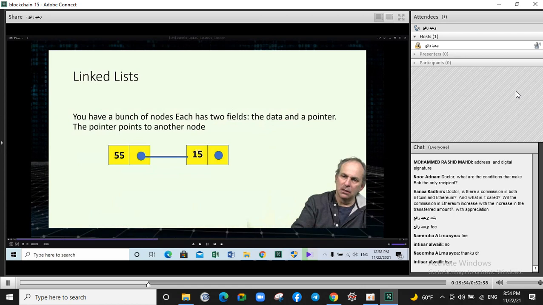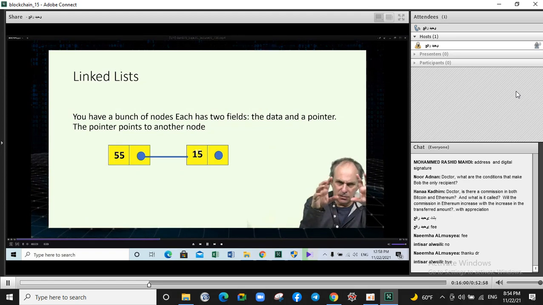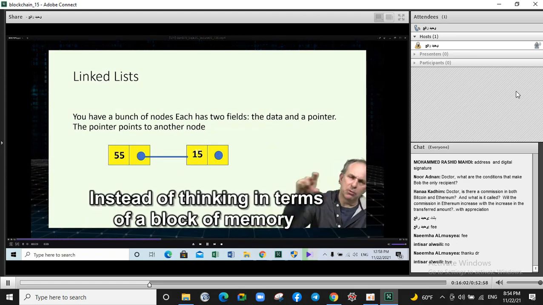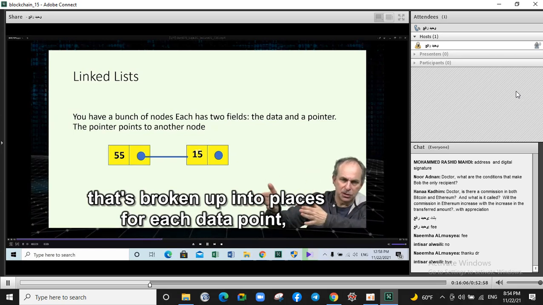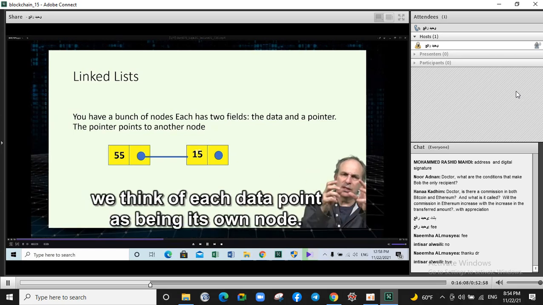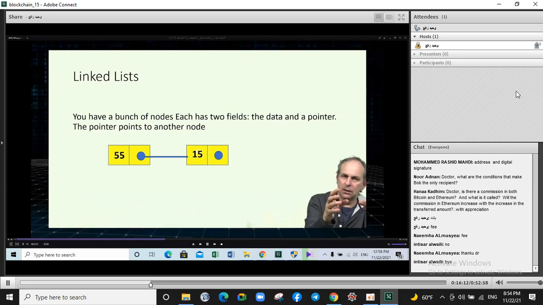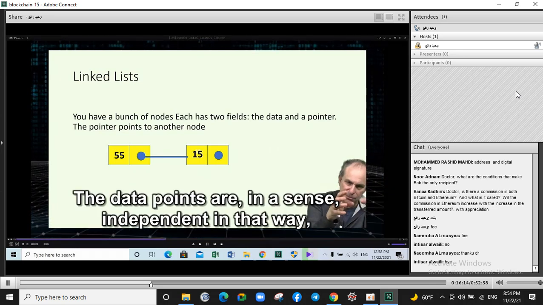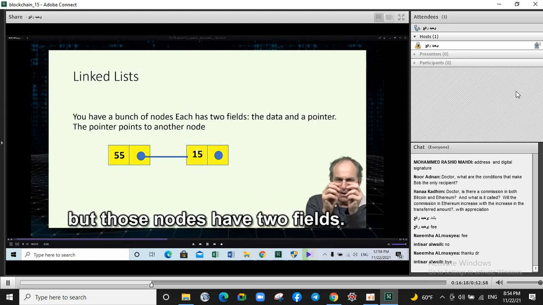Now, a linked list is quite a bit different from an array. Instead of thinking in terms of a block of memory that's broken up into places for each data point, we think of each data point as being its own node. So the data points are independent in that way, but those nodes have two fields.